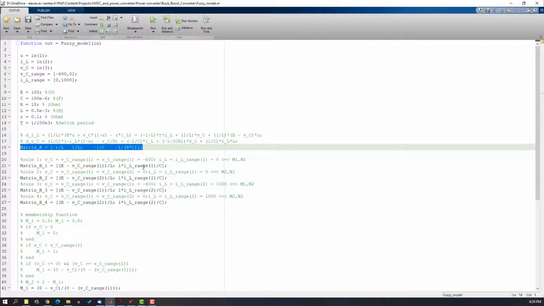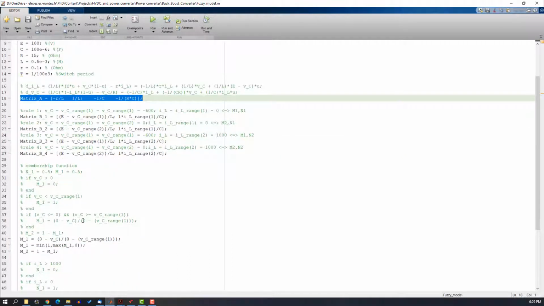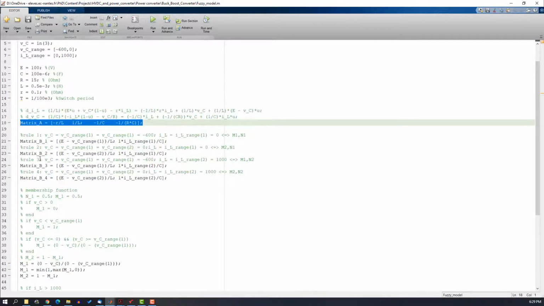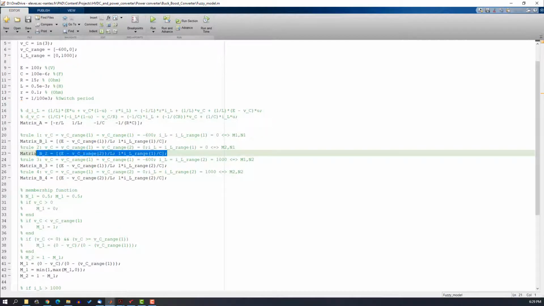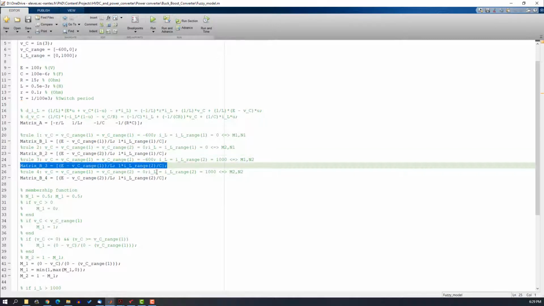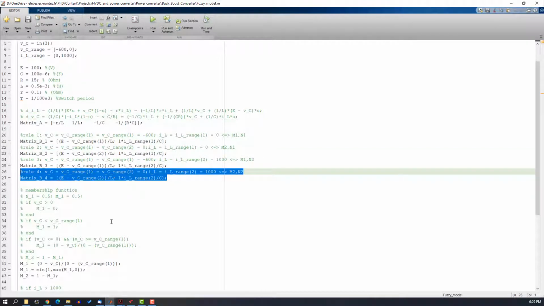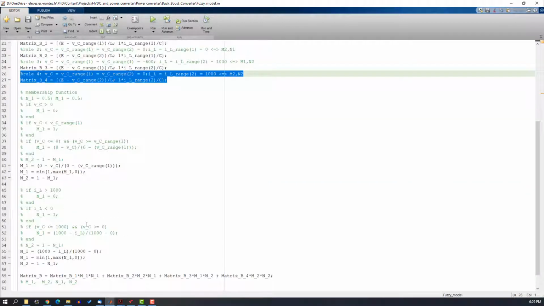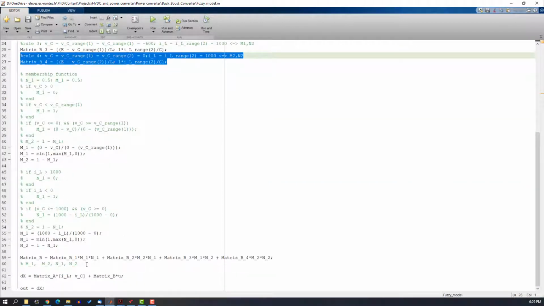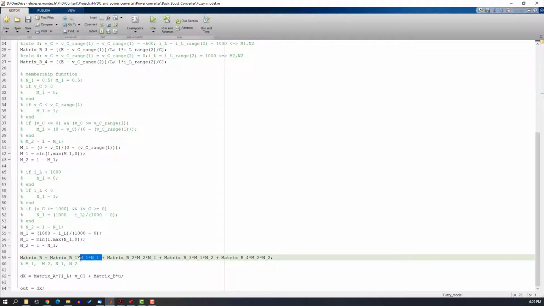Matrix A will be constant, but matrix B will be a set of constant matrices. This one, this one, this one, and this one. And the function, you see, it could be this, the setup.